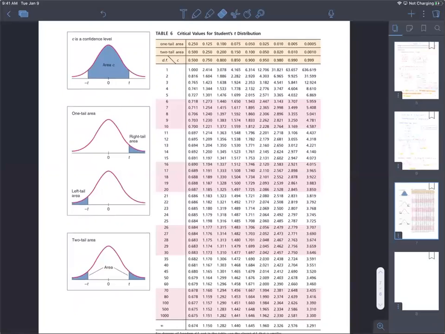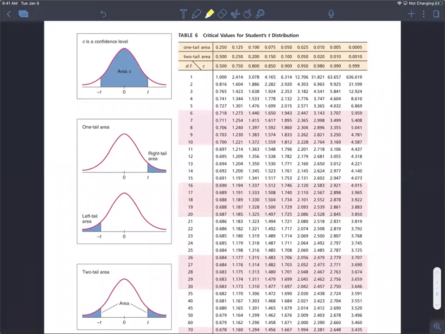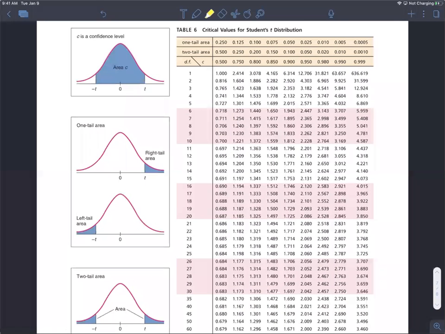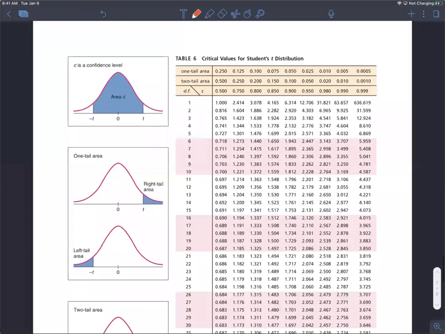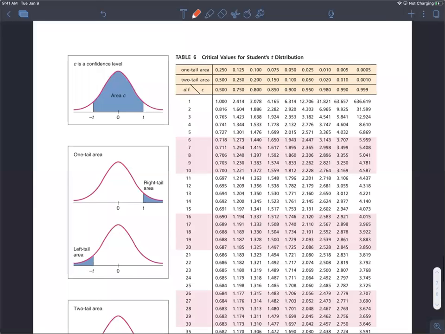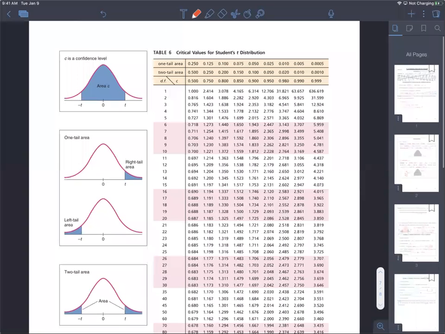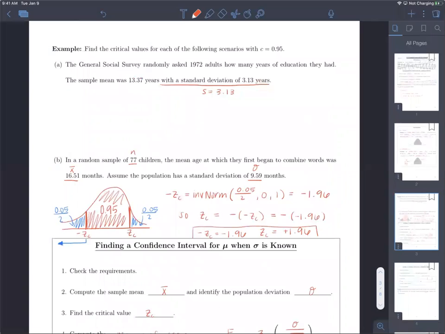To read this table, let me zoom in a little bit. These are all of the degrees of freedom. Do you guys remember what degrees of freedom is? We talked about that before we went online. So if I go back up to the example that we were doing up here, N is equal to 1972.